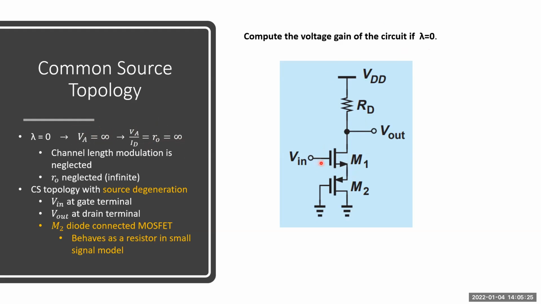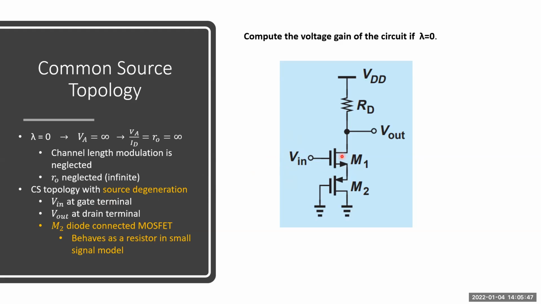It's obvious because input is applied to the gate and output is sensed at the drain, right? However, there is no resistor connected to the source terminal of M1, but we call this topology common source with source degeneration.